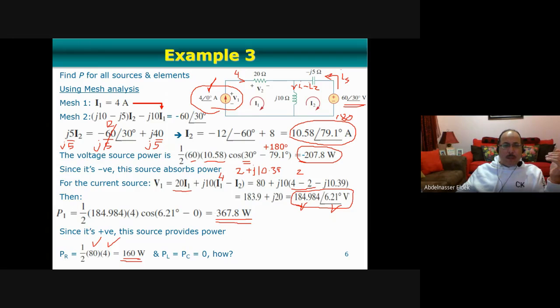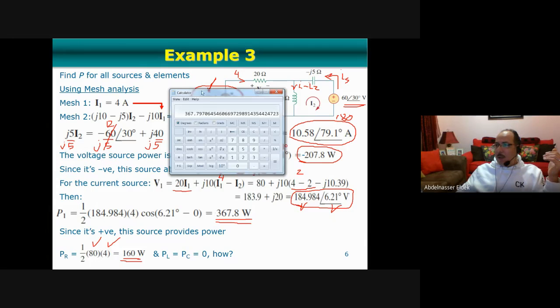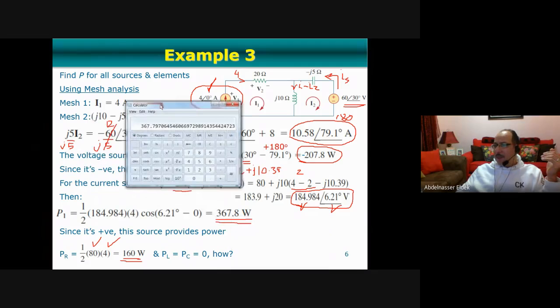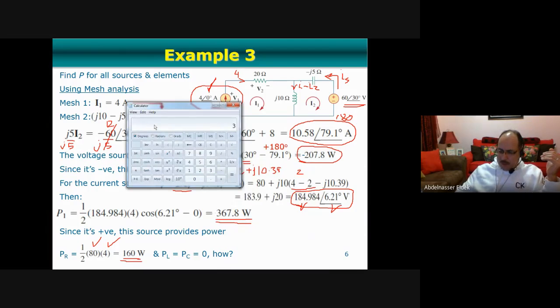The current source power is 367.8, and the other power is 207.8, and it is negative. Then the total power absorbed by the elements is 160. So the total power from the two sources is 160, and the only element that absorbs power here is the resistor, so it will be 160. So you can calculate it this way, or you can calculate it as we have here.